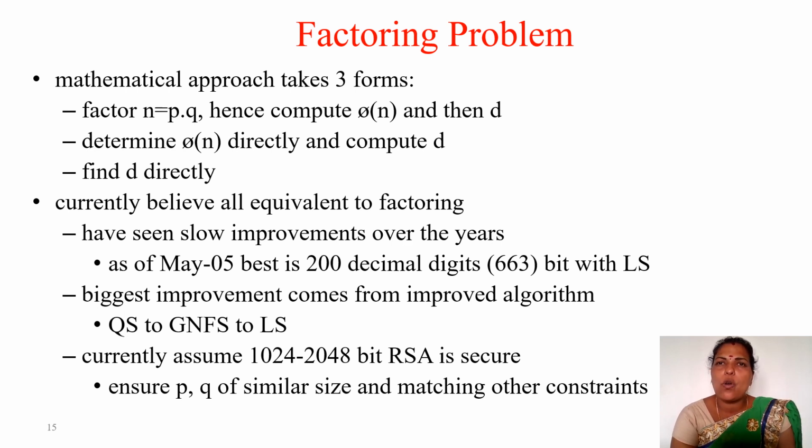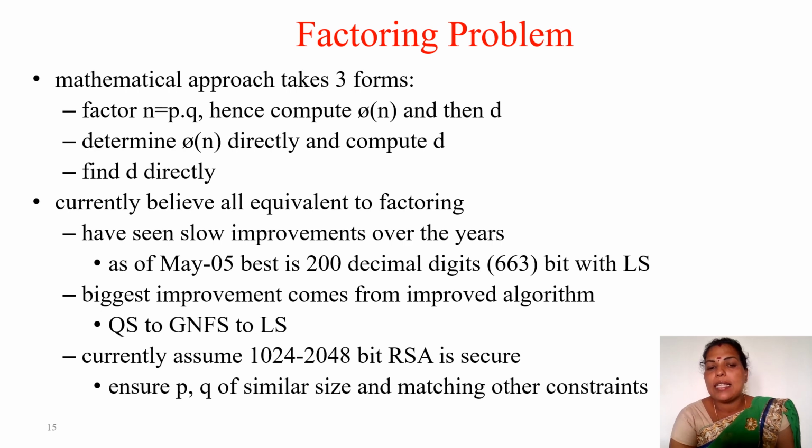That is, there are slow improvements over the years. As of May 2005, the best is 200 decimal digits, that is 663 bits. The biggest improvements come from the move from the quadratic sieve to the GNFS sieve, and then to LC.